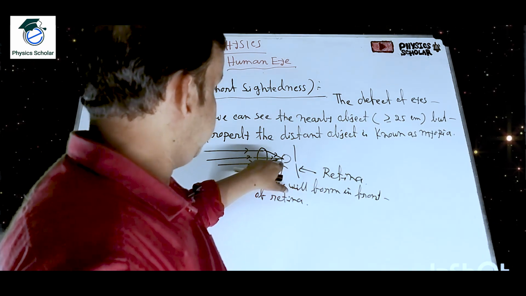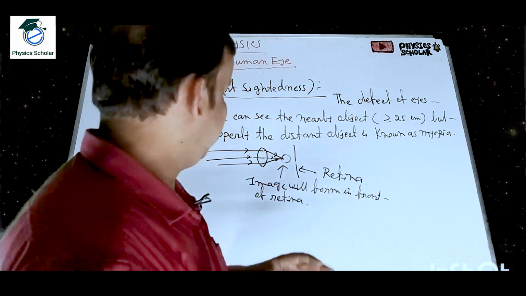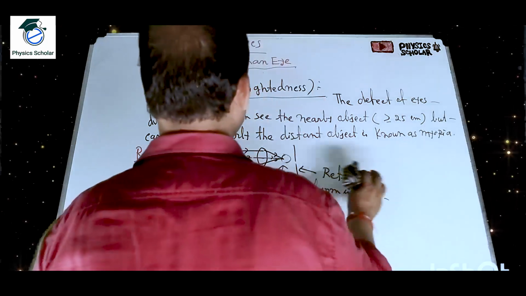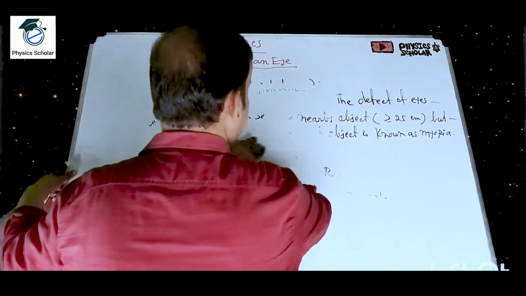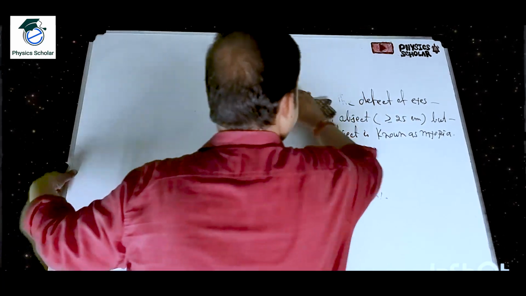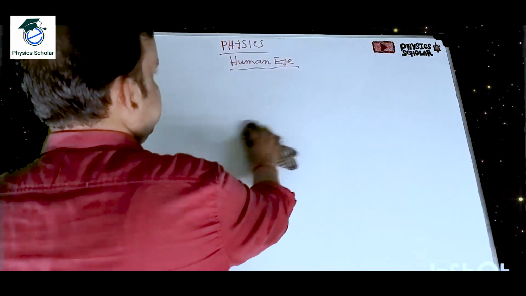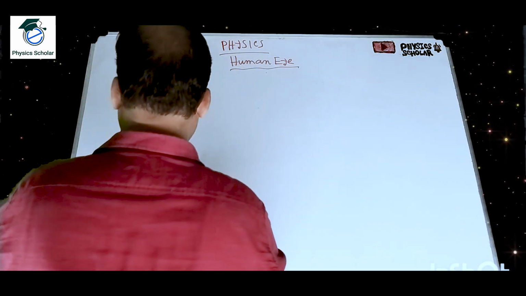So that's why we cannot see the far object properly. So this defect is known as myopia. Now I am writing the reason, as it would come in the examination, then I will draw the diagrams, and then I will let you know how we can rectify it.